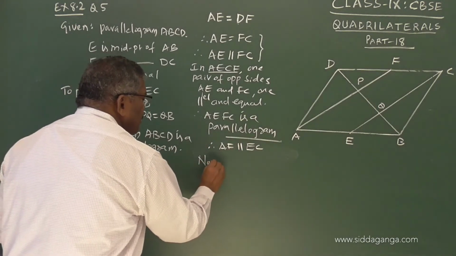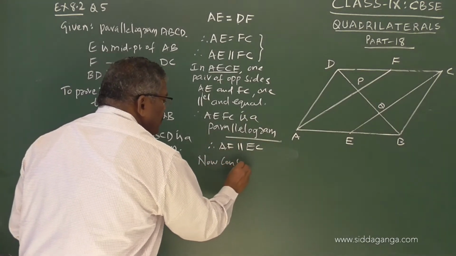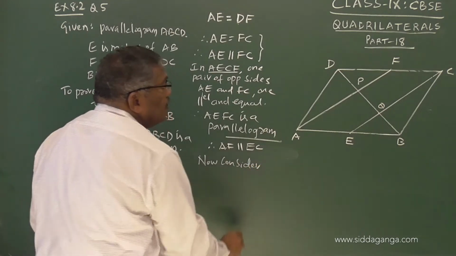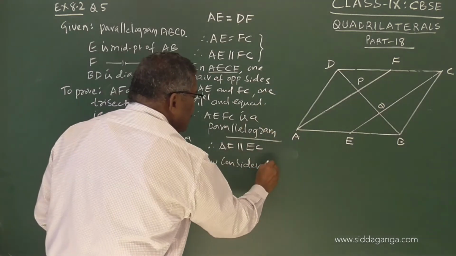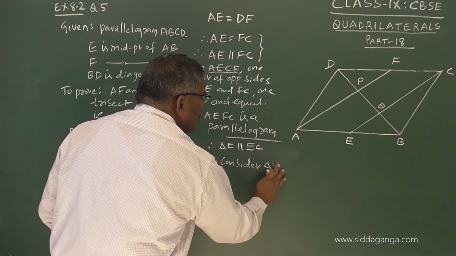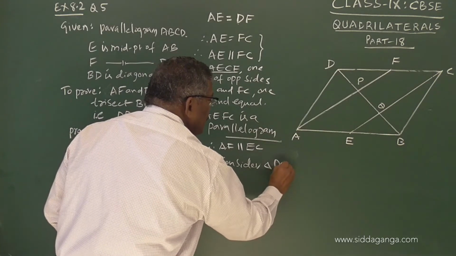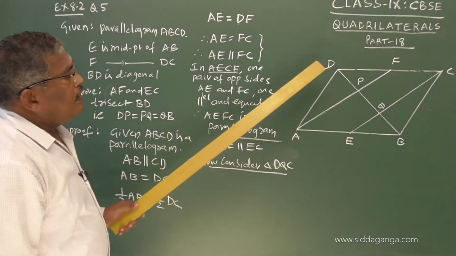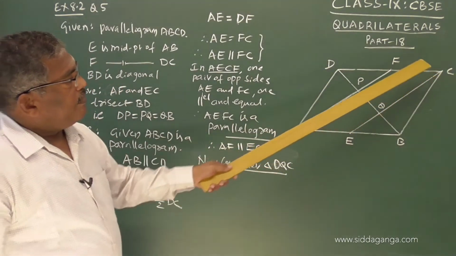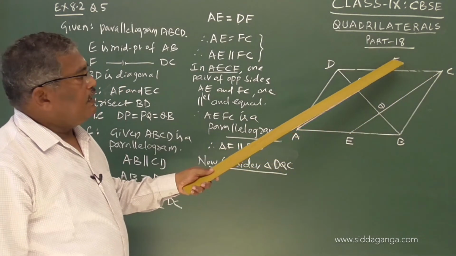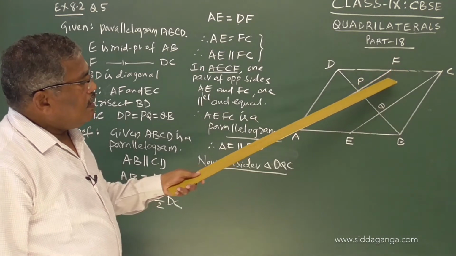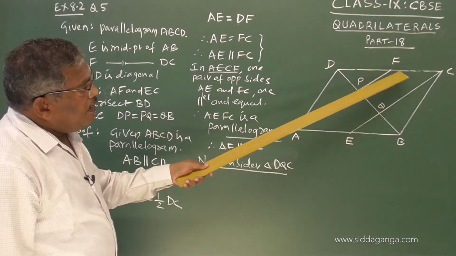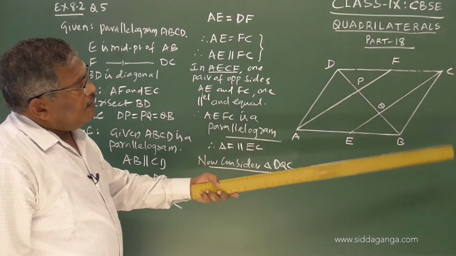Now consider triangle DQC. Observe this triangle. In DQC, F is the midpoint of DC. A line is drawn through F parallel to the base.